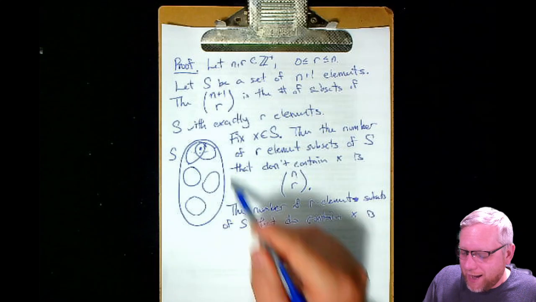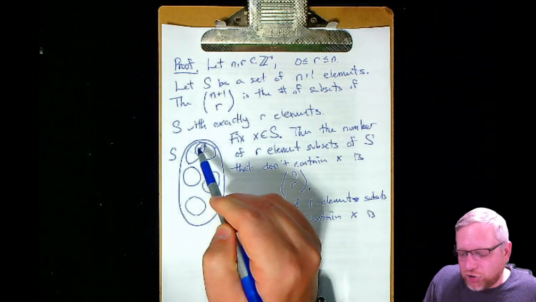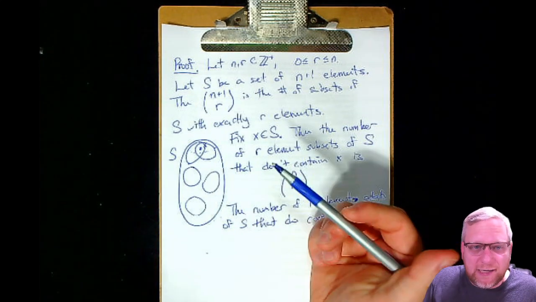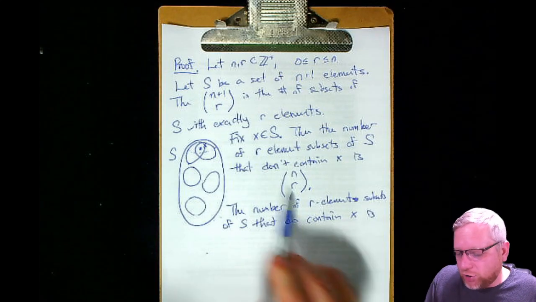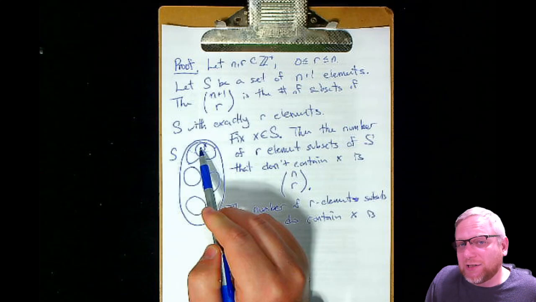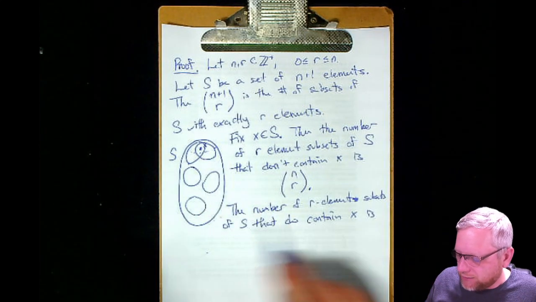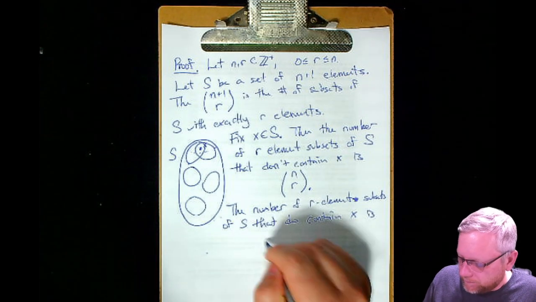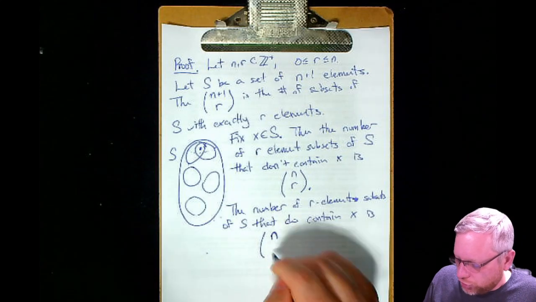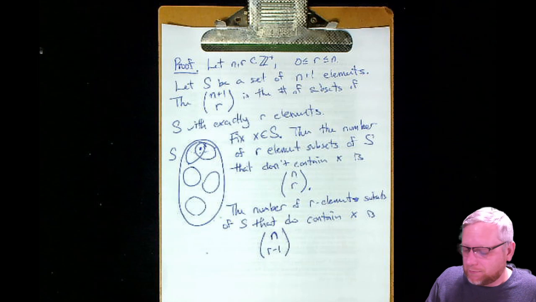There are n plus 1 elements in total, but if it contains x, I'm not choosing from x anymore, so I'm just choosing from n elements. And how many more do I need to choose? Not r anymore, because x is already one of them. So I just need r minus 1 many more. So the number of r element subsets of S that contain x is: out of all the n non-x's, choose r minus 1 elements to go with the x.